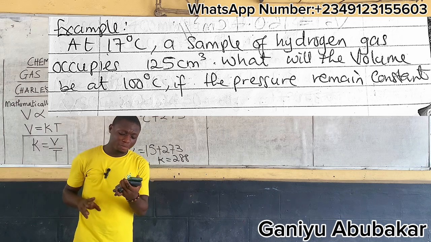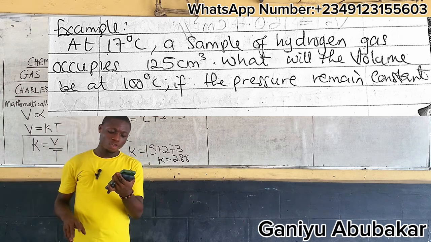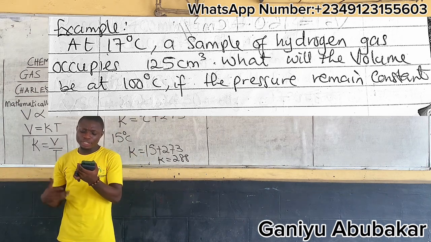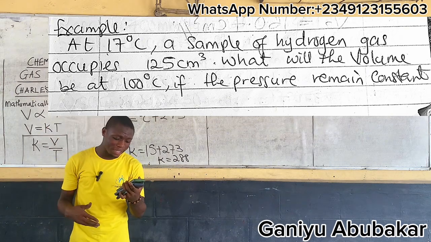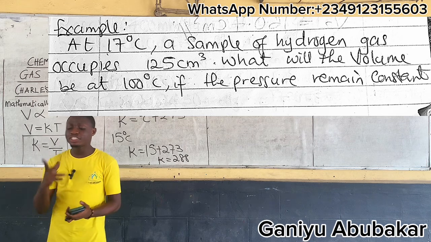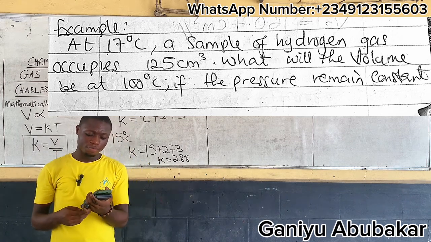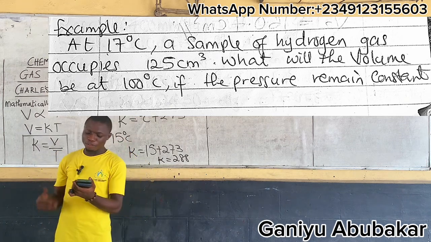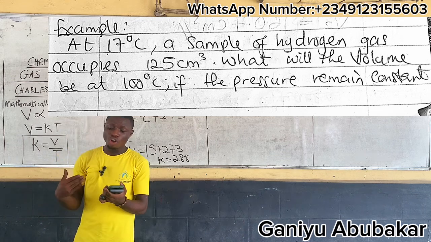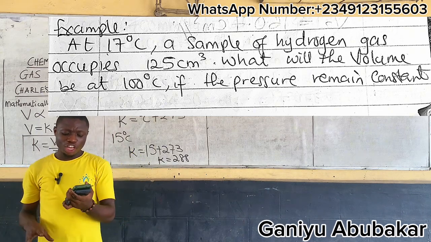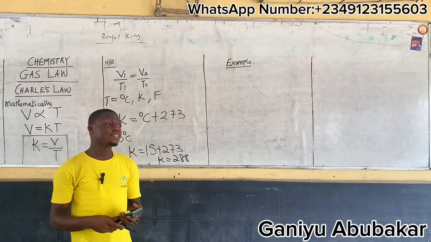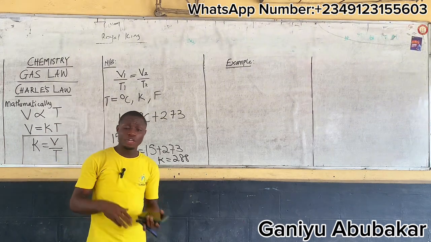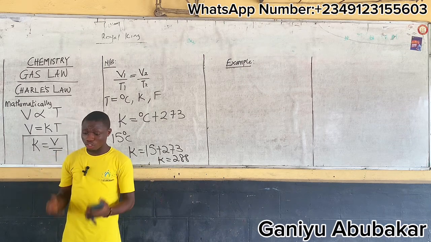What will the volume be at 100 degrees Celsius if the pressure remains constant? For pressure to remain constant, is it Boyle's law or Charles' law?